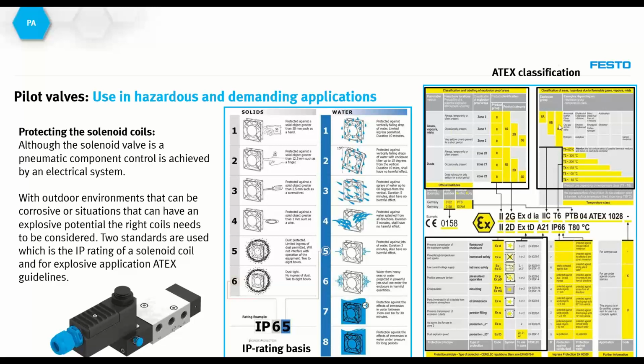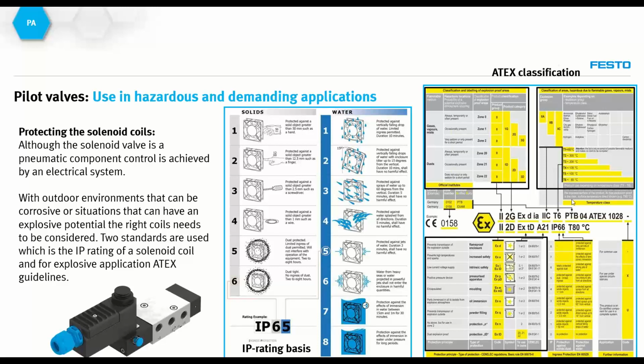Some gases or dust environments have a higher tendency to explode at higher or lower temperatures. T1 is the highest temperature, less likely to explode fast, down to T6 at 85 degrees already. So you can imagine that with certain environments this is very critical if you take this combination in mind.